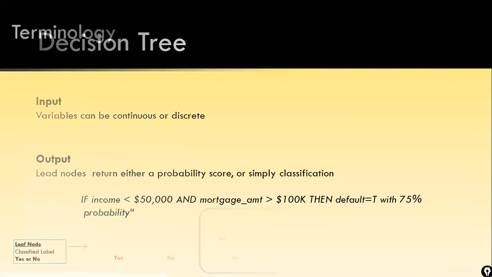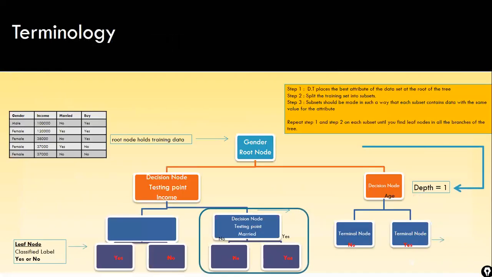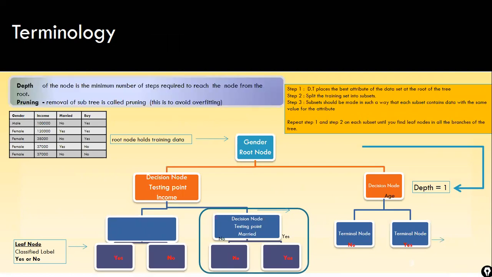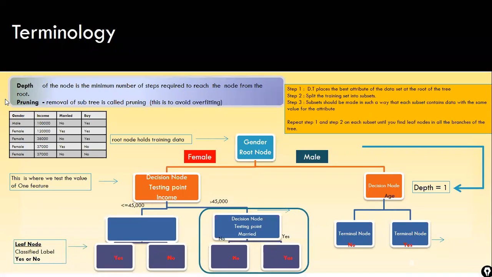Before we proceed with the underlying principle of the decision tree, let's first be familiar with the terminologies. If you look at the decision tree here, this is called the root node, this is called your decision node, and the last ones are called your leaf nodes.